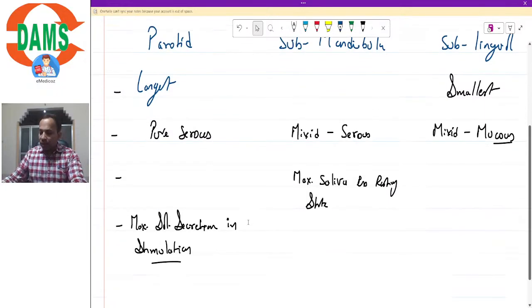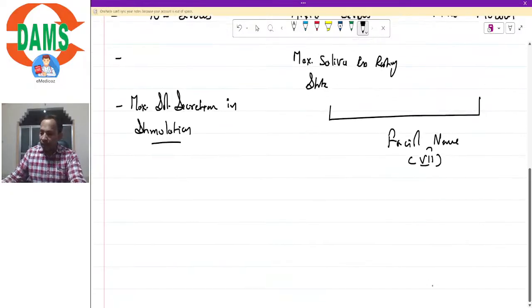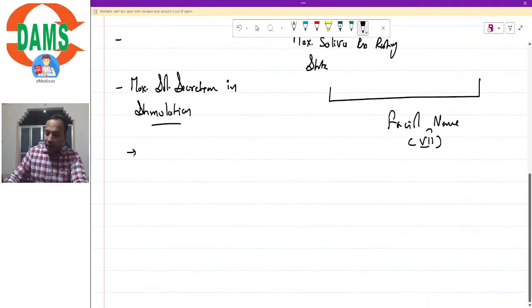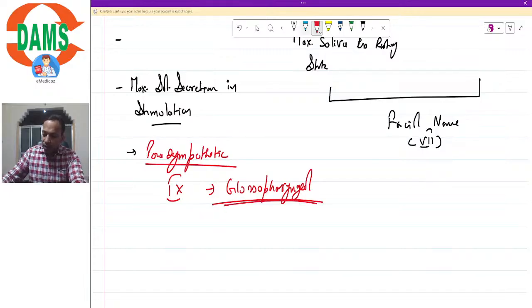Another difference is that the parasympathetic supply for submandibular and sublingual gland is from the facial nerve, that is the 7th cranial nerve, right? And for the parotid gland, the parasympathetic supply is from the 9th cranial nerve, that is the glossopharyngeal nerve, right?